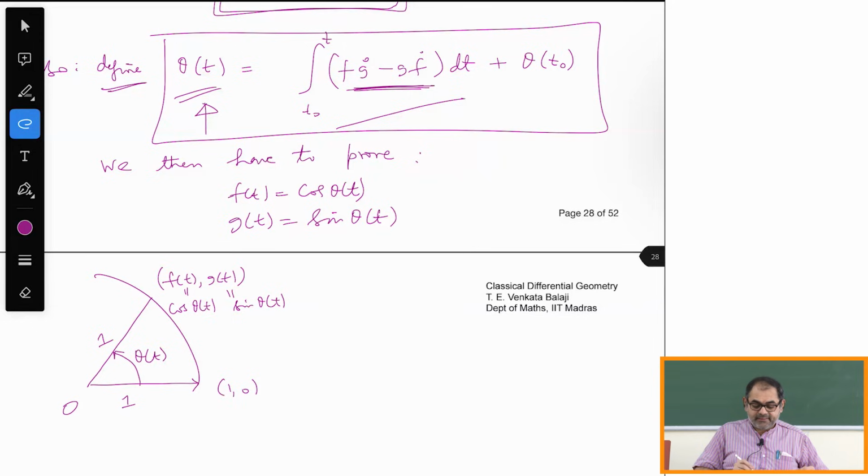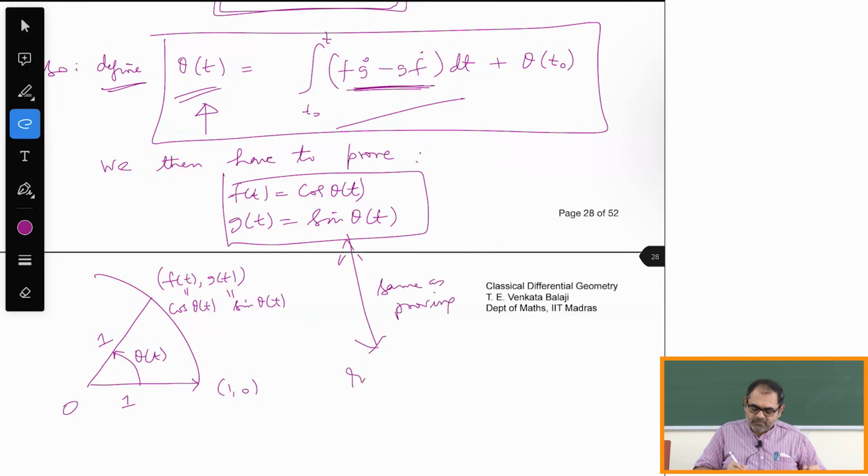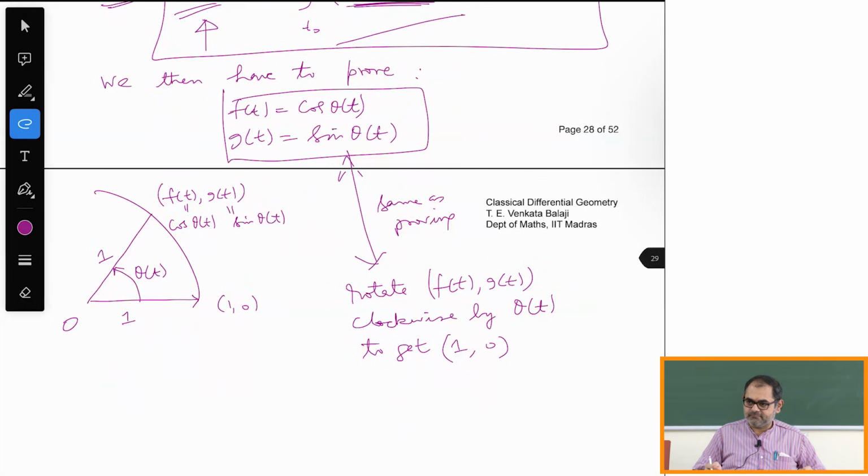But if you think about it, this is the same as saying that you take this f(t), g(t) vector, rotate it clockwise by theta t, and you have to get 1, 0. Okay, it is the same thing, right?